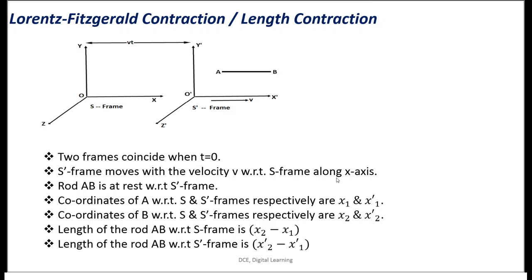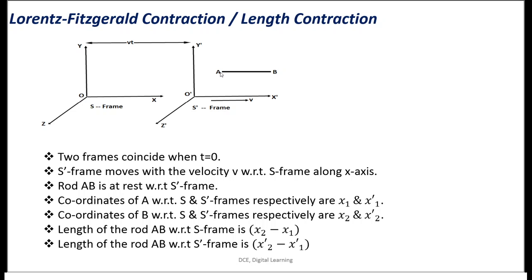We are considering S prime frame moving along the x-axis only. There is no motion along the y and z axes. The rod AB is at rest with respect to S prime frame. The coordinates of point A with respect to S and S prime frames are taken as x1 and x1 prime.